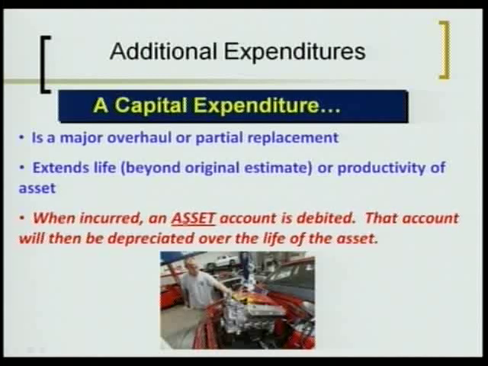Okay? Now what's key here is when we have a capital expenditure, we capitalize it. Do you know what it means when we say we capitalize something? That means we debit an asset. Okay? We debit an asset. So when a capital expenditure is incurred, an asset account is debited, and then we're going to depreciate that asset over the life of the asset.